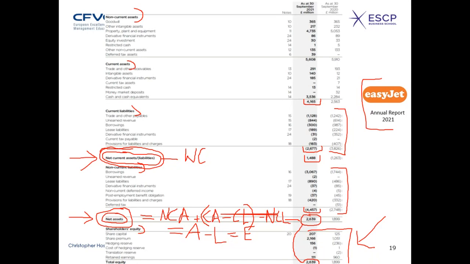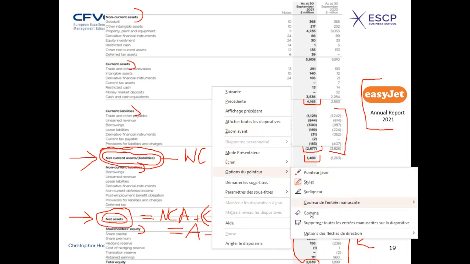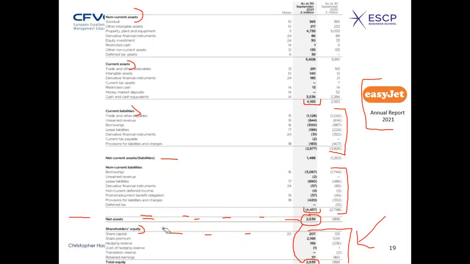So 3 items that are identical and 3 things that are different between the 2 balance sheets. Except the differences that we discussed already. I'm more talking about the individual line items. So please take 5 minutes, compare the 2 balance sheets, and tell me what you see as differences and what you see as common points. Please do that.